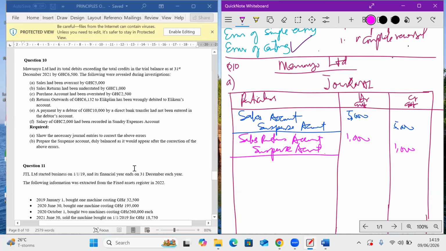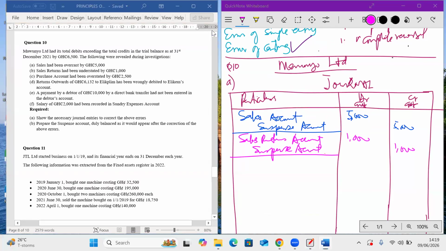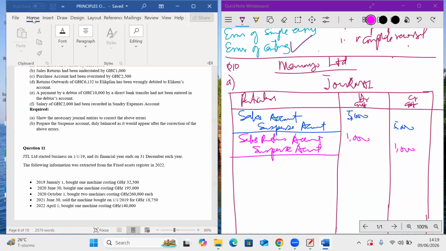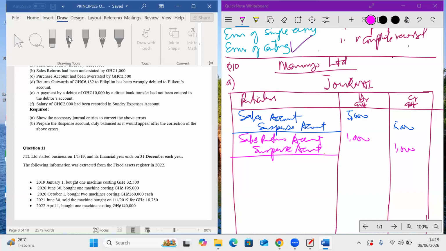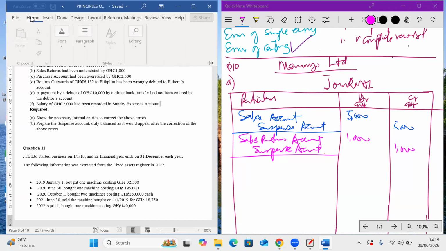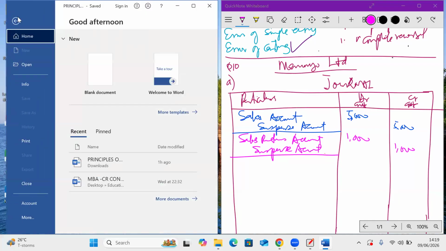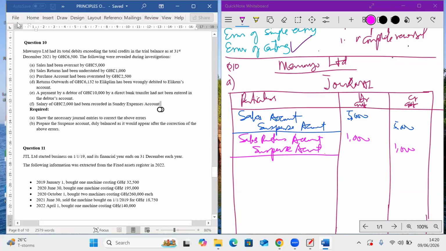Are we good? So whilst you are solving it, you have to be checking. Oh, my drawing tools are not showing. Okay, I think I have to fix it. So watch.